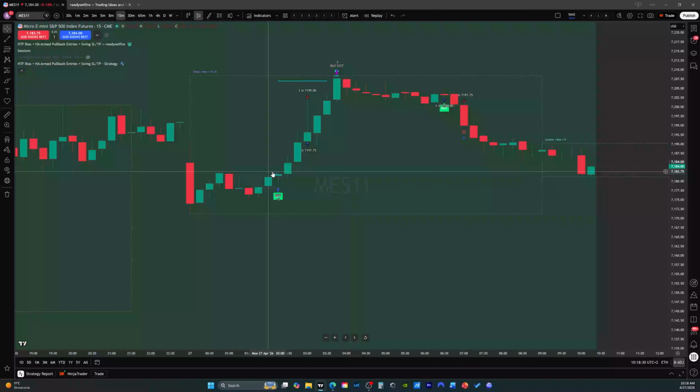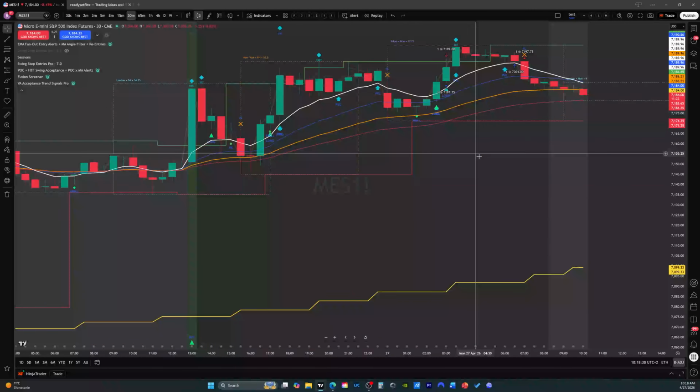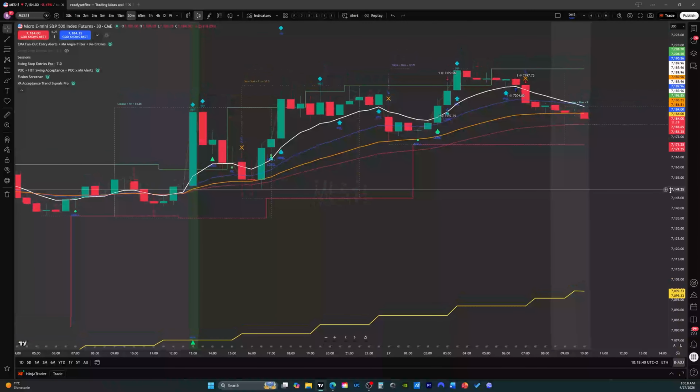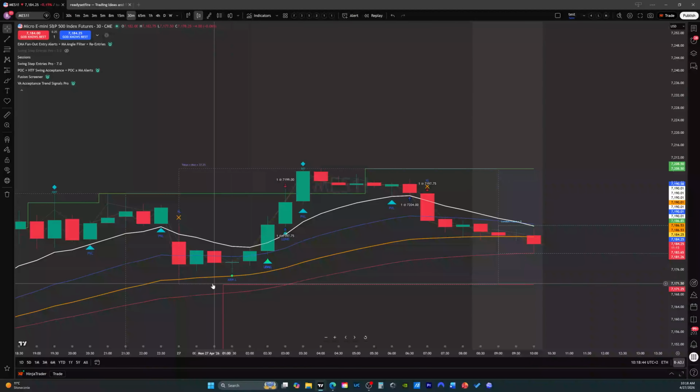And then later on, with my other template, you can see that's my late entry. I had a notification to enter long. I also missed this entry over here. I should have entered over here, but instead I entered way up here when I got this notification from this other entry model.